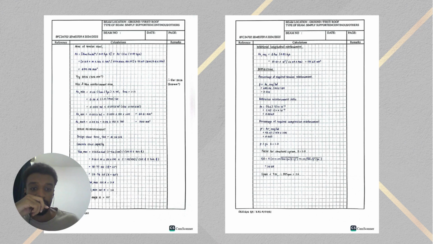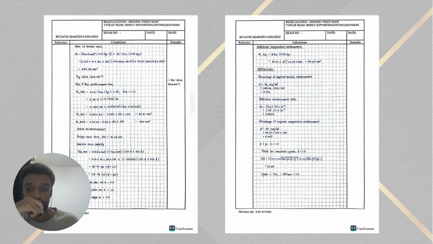Then we have to determine the minimum and maximum reinforcement. As minimum is equal to 46.61 millimeter square, and As max is equal to 1600 millimeter square. And then we select the reinforcement that falls within these limits.